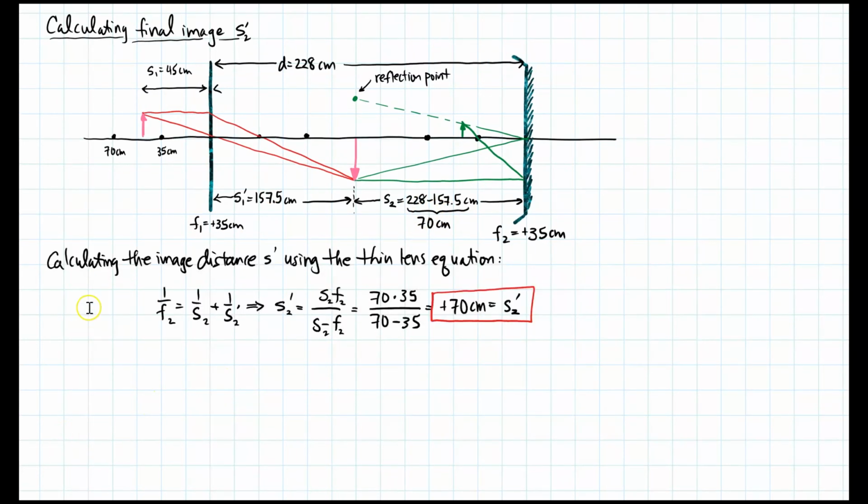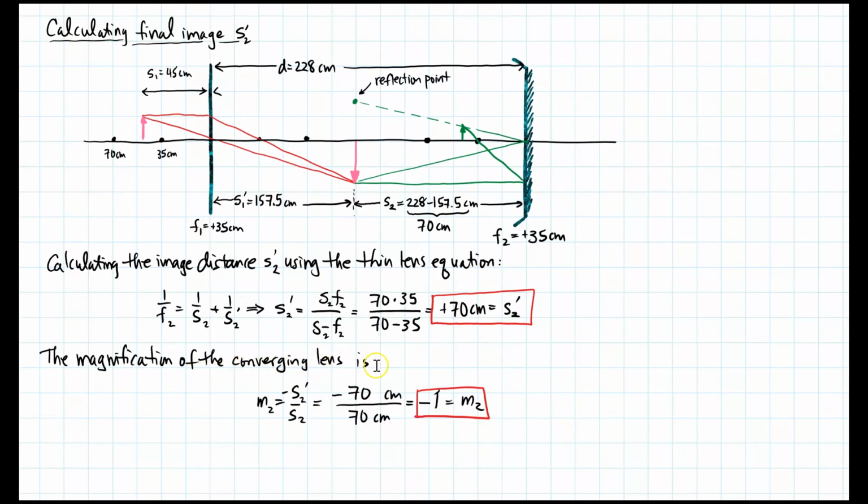Calculating the image distance S2 prime using the thin lens equation, I get a distance of 70 centimeters. Magnification of the mirror is M2 equals minus S2 prime over S2, which gives me minus 70 over 70, a magnification of minus 1, which is equal to M2.